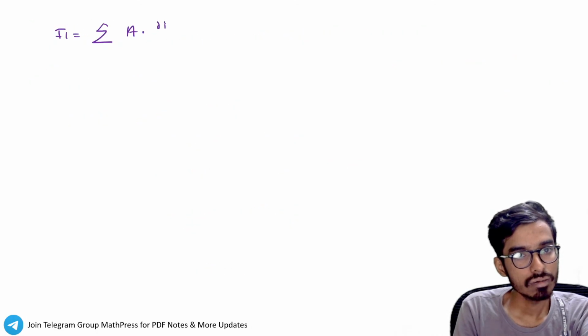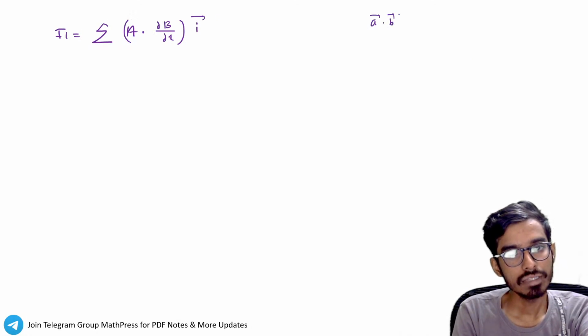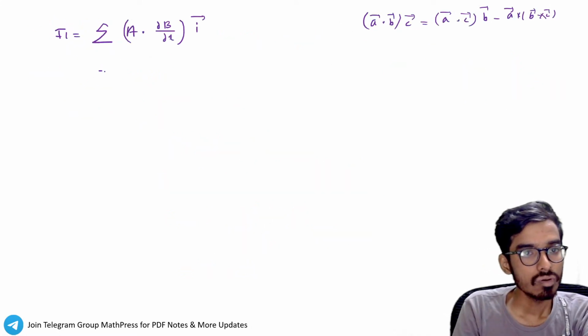A dot dou B by dou X into I vector, right? So what is A dot B into C? It is A dot C into B minus A cross B cross C, right? Okay, now we will apply this.